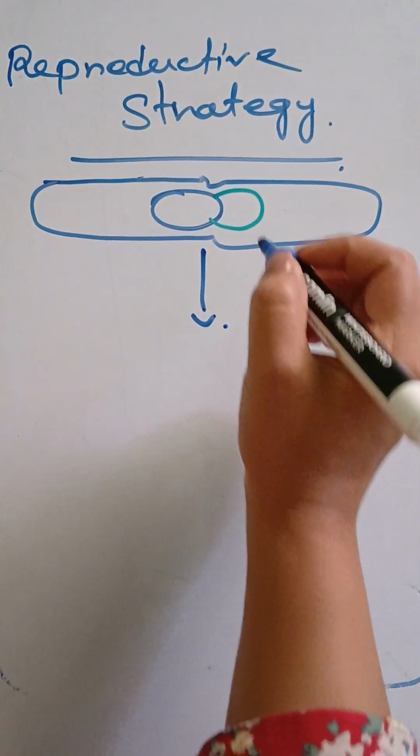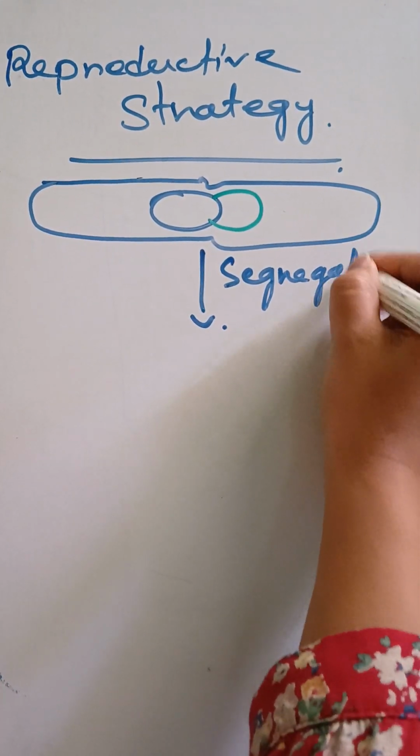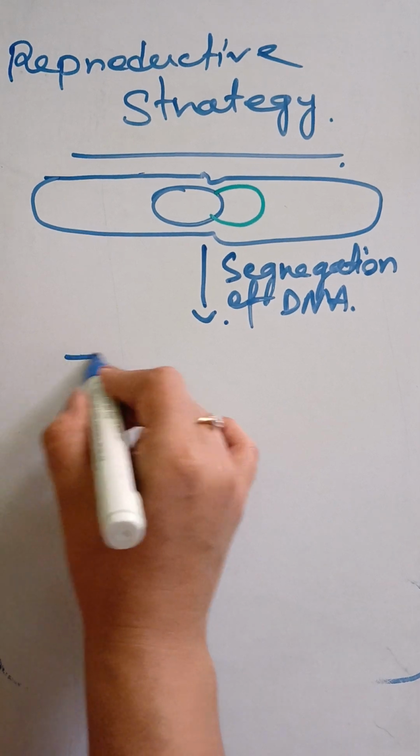In the next round, there is segregation of DNA copies. What happens?